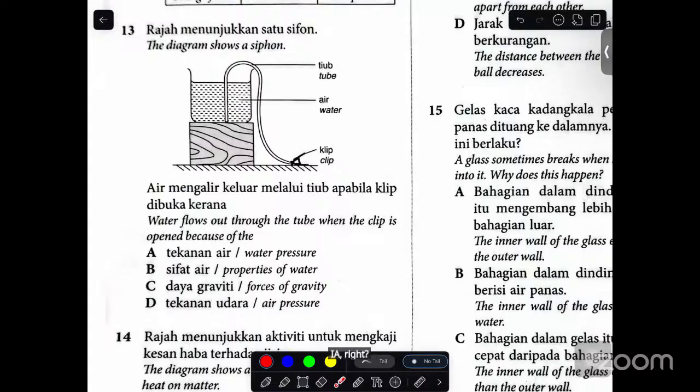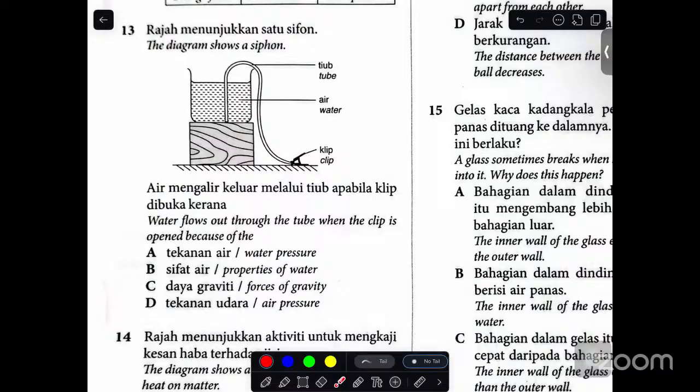Water pressure tu dia sama macam, apa tu? You know water heater kan? Water heater yang selalu kita guna, the shower head yang kita guna untuk mandi tu, kan kita boleh control the water pressure. Slow ke, faster ke, dia air kuat ke, slow and so on, right? That is your water pressure.